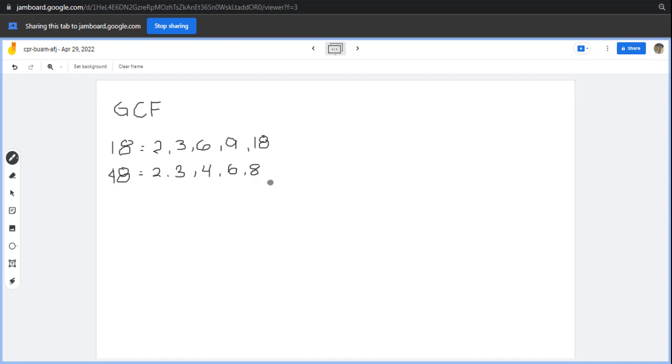And then the number itself. Let's put the number itself at the end.